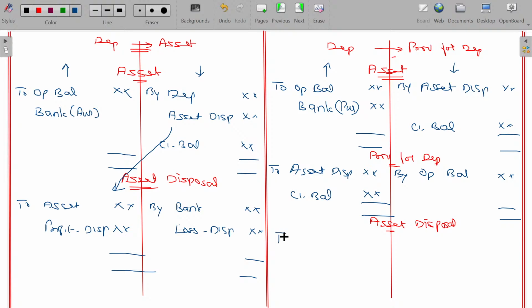So this will come here to the asset account and this will come here, provision for depreciation. Accumulated depreciation on the asset sold is transferred. Current year depreciation will be shown on the credit side of the provision for depreciation.